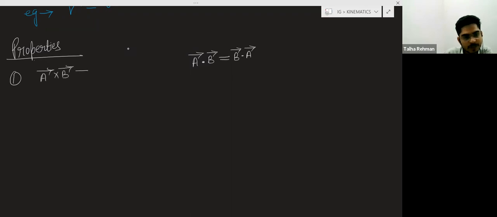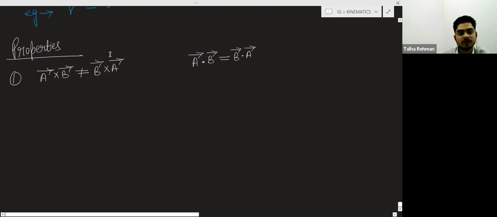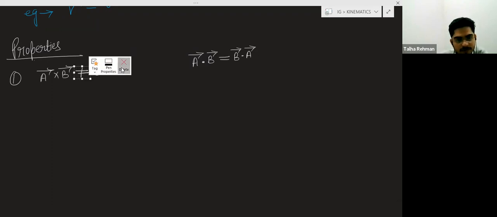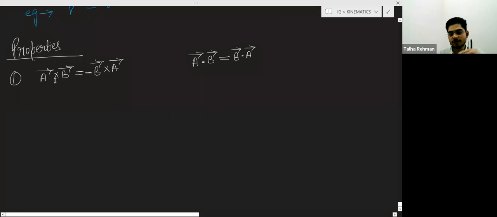A cross b is not equal to b cross a; it will be equal to minus of b cross a. Why? Because the direction of a cross b will be opposite to the direction of b cross a. That is why a cross b is equal to minus b cross a.